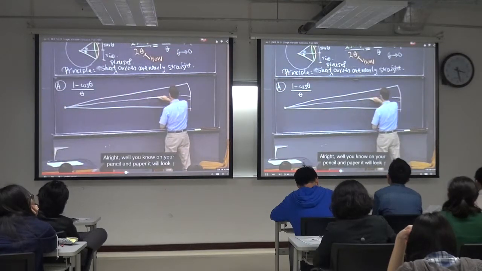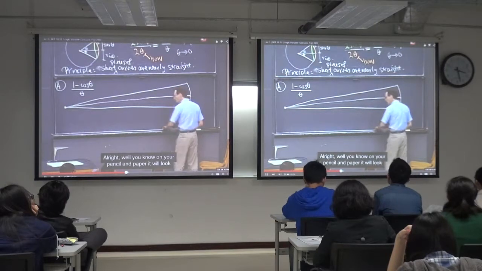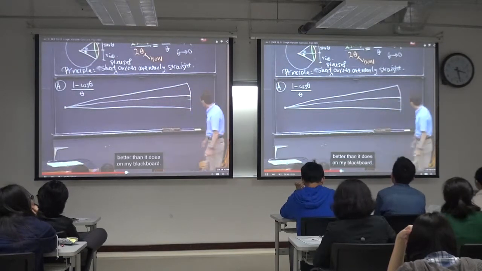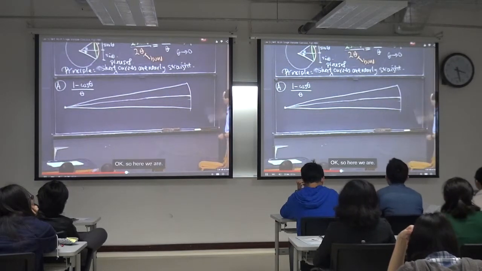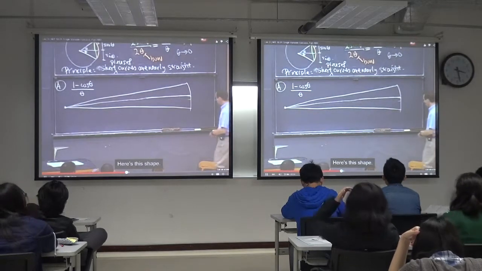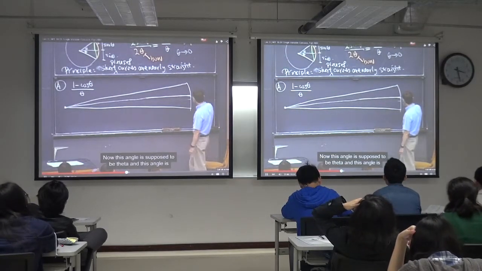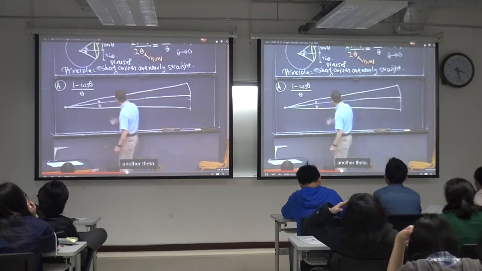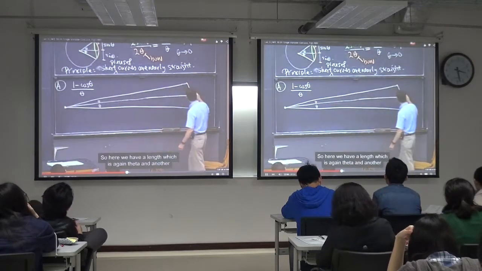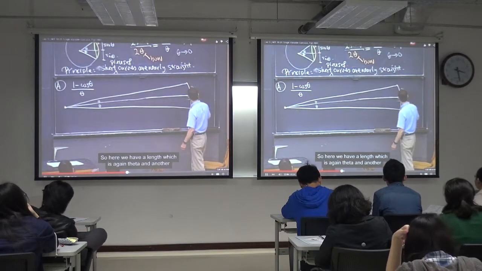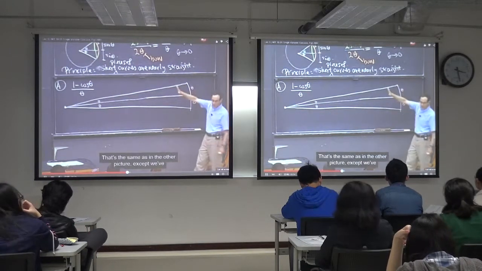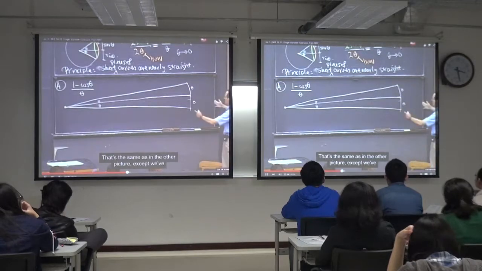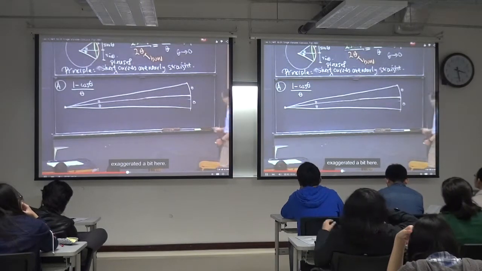On your pencil and paper, it'll look better than it does on my glass. Here's this shape. This angle is supposed to be theta, and this angle is another theta. So here we have a length, which is theta, and another length, which is theta over here. That's the same as in the other picture, except we've exaggerated it here.